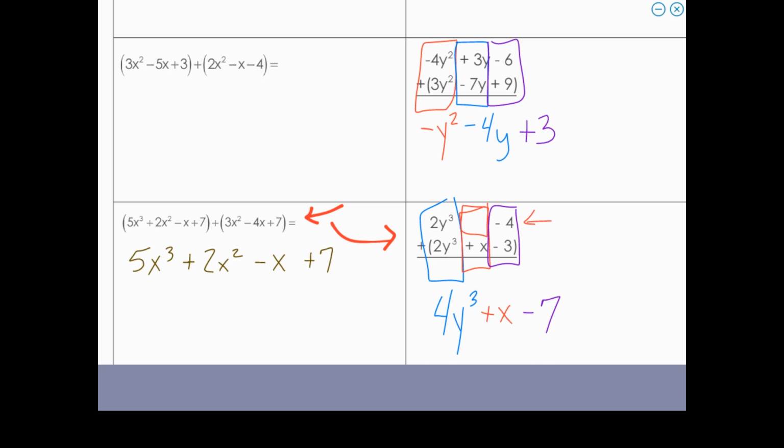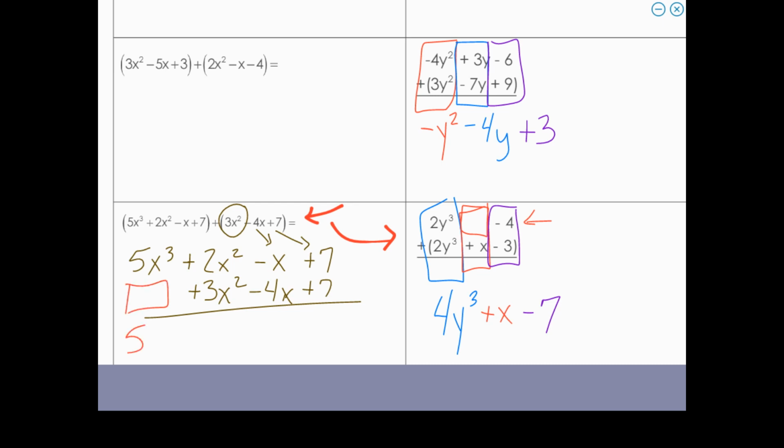And make sure my 3x squared goes underneath my other x squared. So plus 3x squared, minus 4x plus 7. Now I have it organized where I can see all my like terms and combine them.